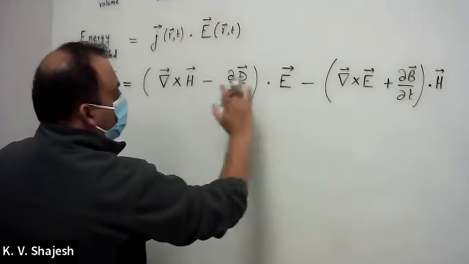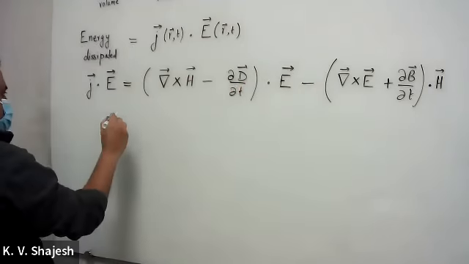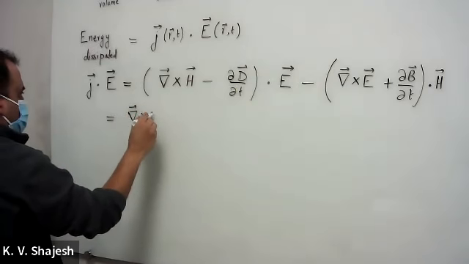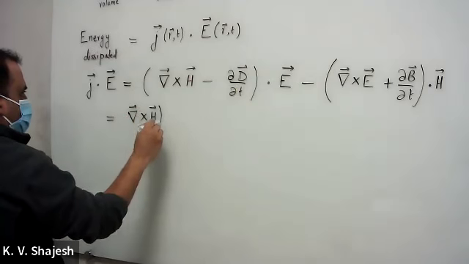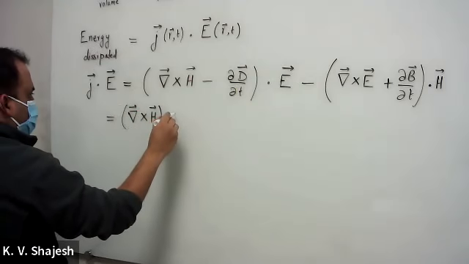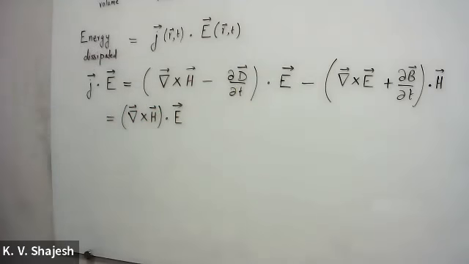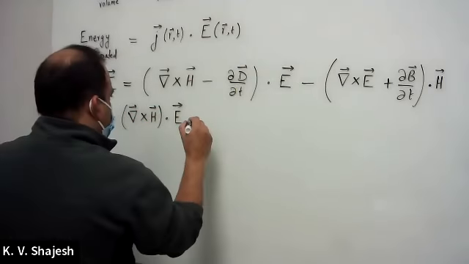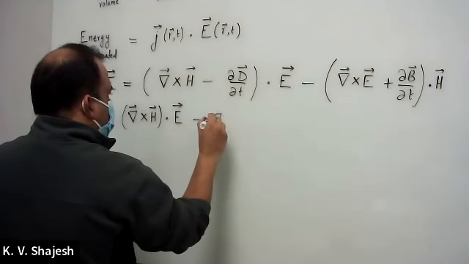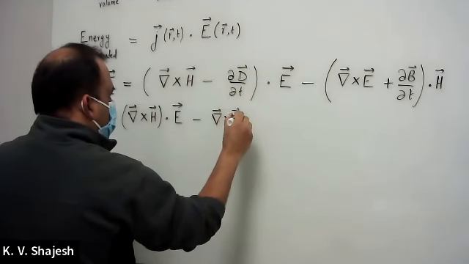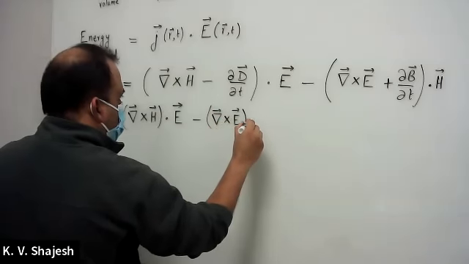Let me take this term and this term separately. So that's del cross of H dotted with E and minus of del cross of E dotted with H.